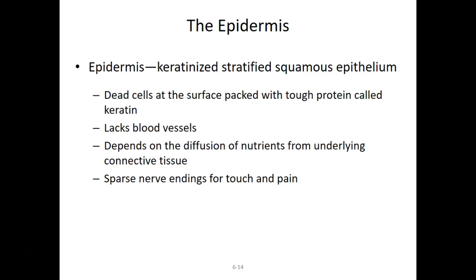There is diffusion of nutrients in the lower layers of the epidermis. It's only the lower layers, the basal layer, that are actually able to get enough nutrients for mitosis to occur, because epithelial tissue lacks blood vessels.